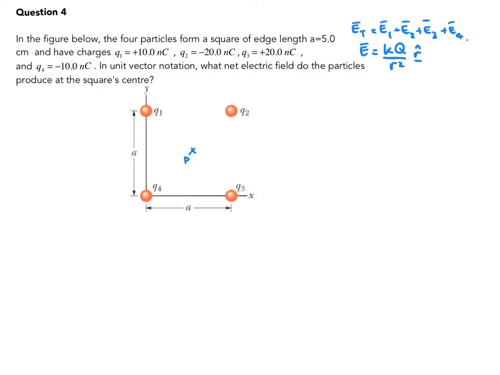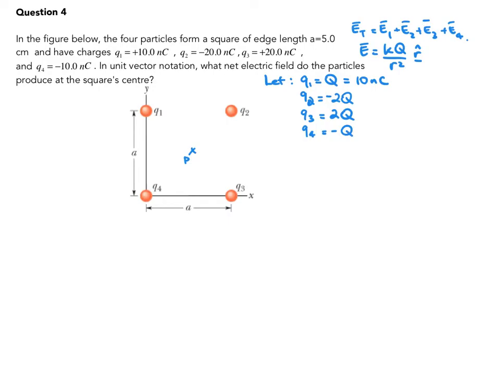So first of all, let's let Q1 equal capital Q, which is 10 nanocoulombs. Then Q2, sorry, is going to be negative 2Q. Q3 is going to be 2Q, and Q4 negative Q. Okay, if you just look at those charges that are given in the problem.